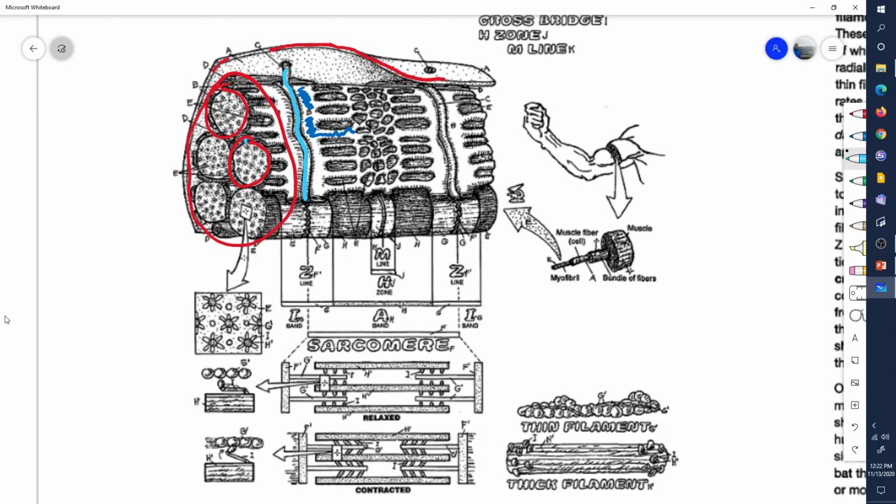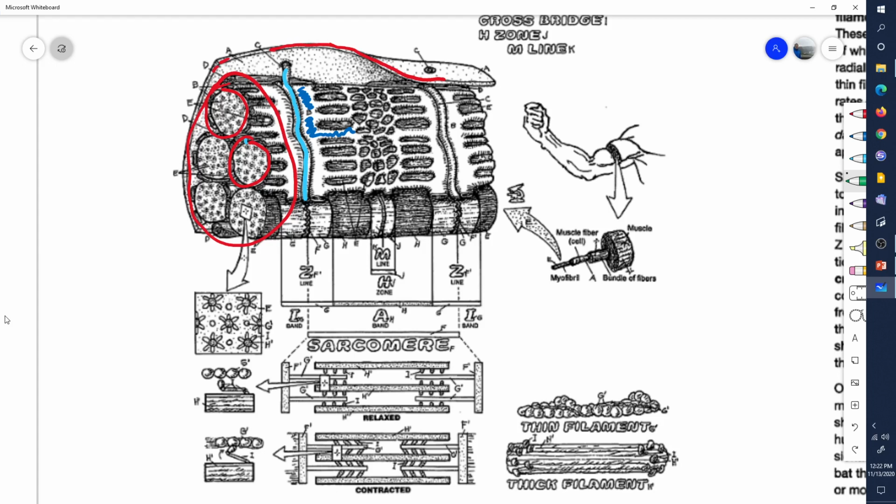Inside the myofibrils there are these long, skinny filaments, and they have a name. They are called actin and myosin.